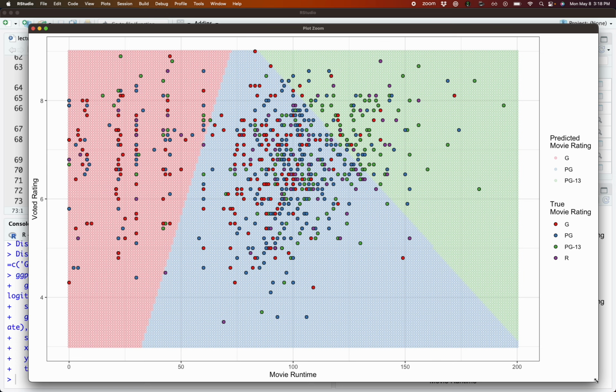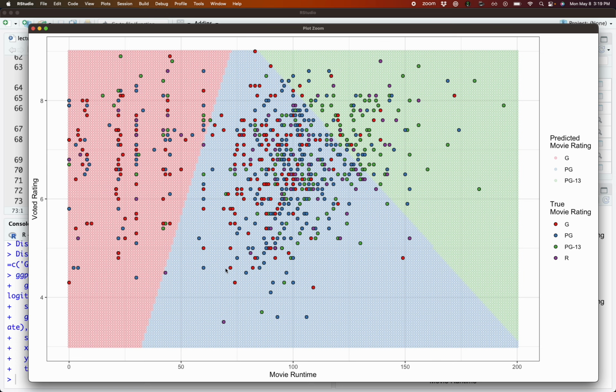When you have a logistic model, your boundaries will always be kind of linear like this. R-rated movies are not showing up because in none of these scenarios is it emerging as the highest.